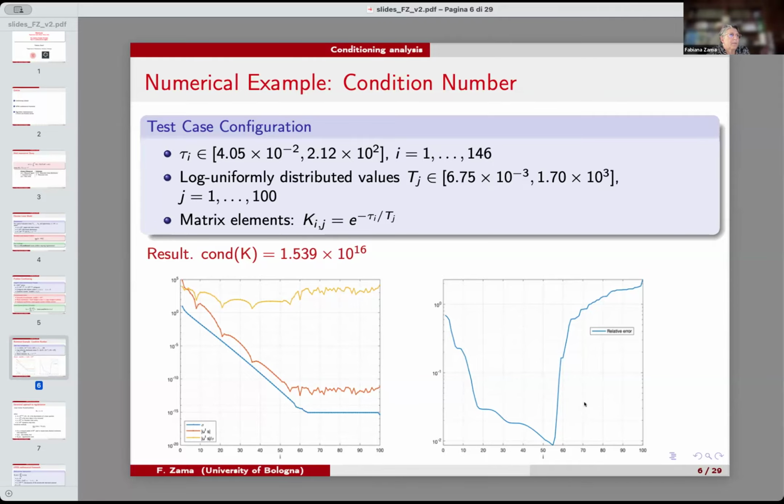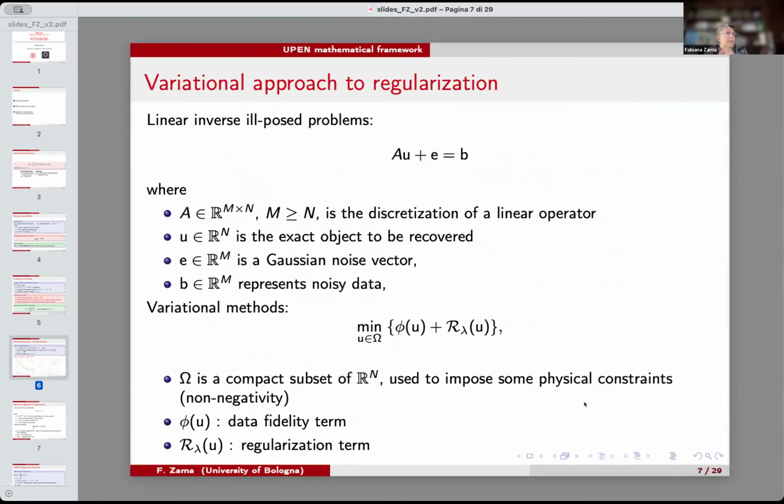Now I skip to the second topic that I wanted to analyze, and it is how UPenn, the uniform penalty method, solves these types of problems. As Villiam has shown us, it solves these problems in many settings, one or two dimensional problems. So we can have very large dimension problems, especially when we have 2D discretization.